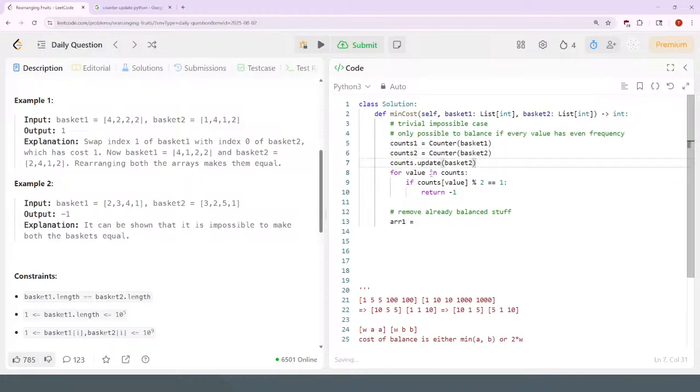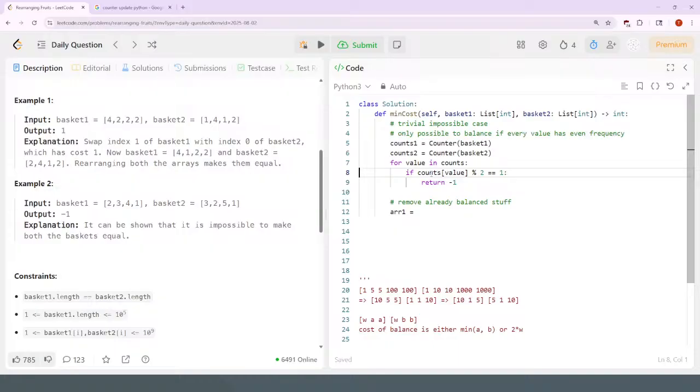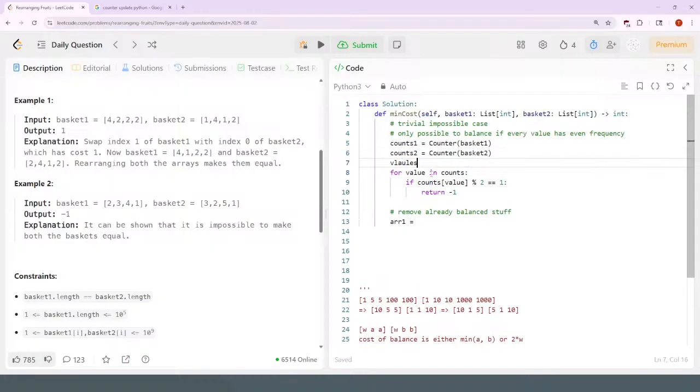And then for every value in the overall counts, I could make a set of all the values. I don't know, this seems kind of slow. Basket 1, basket 2.